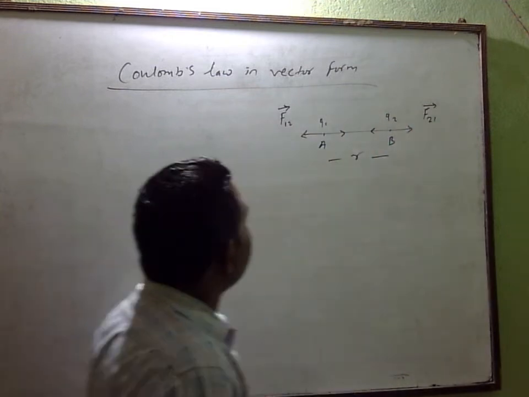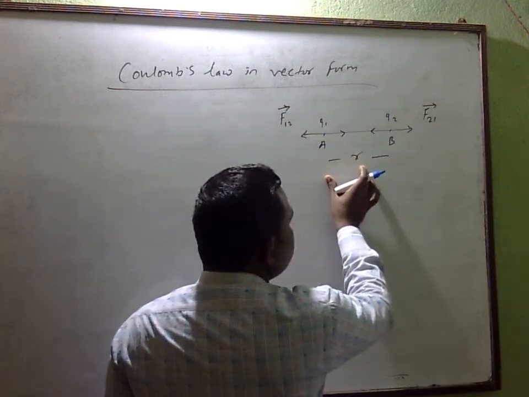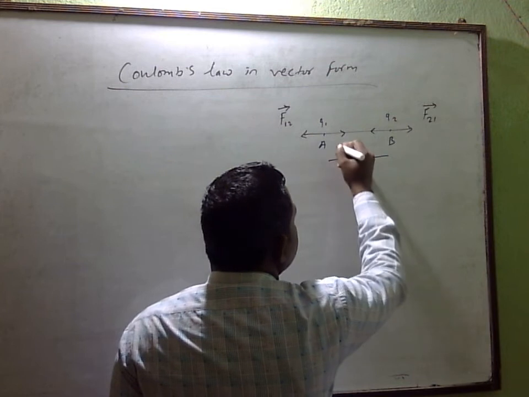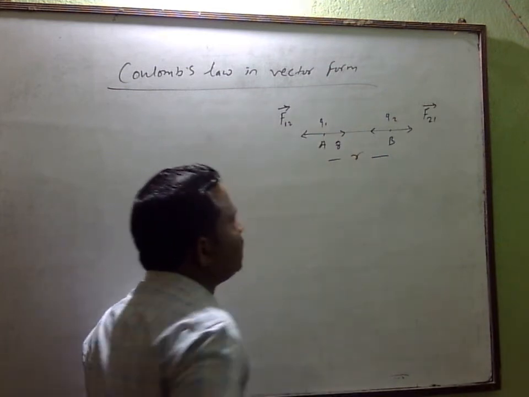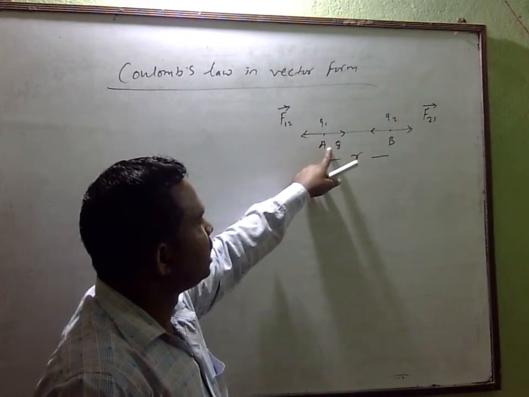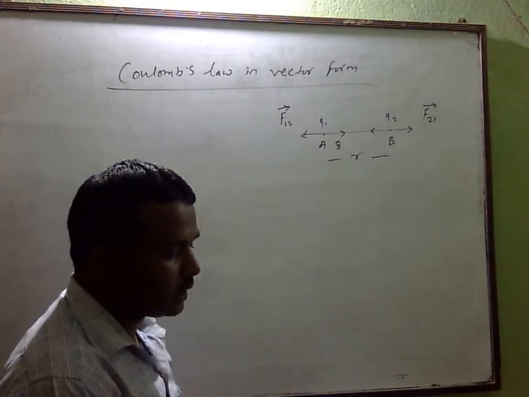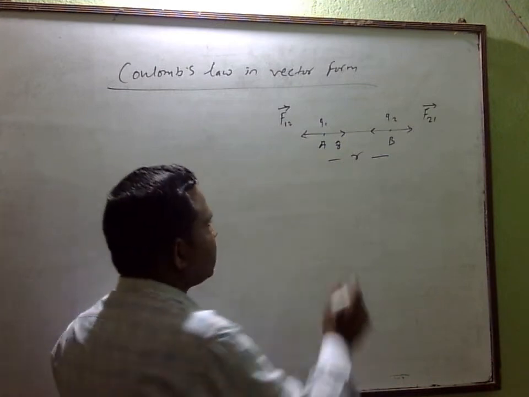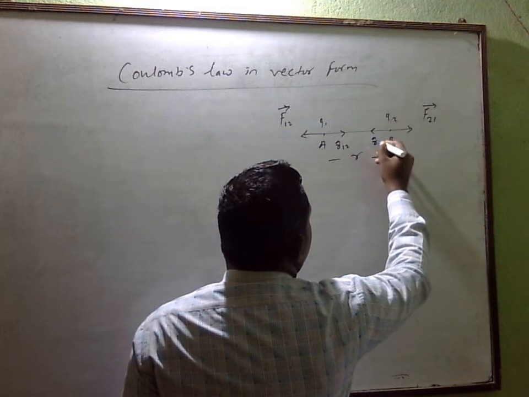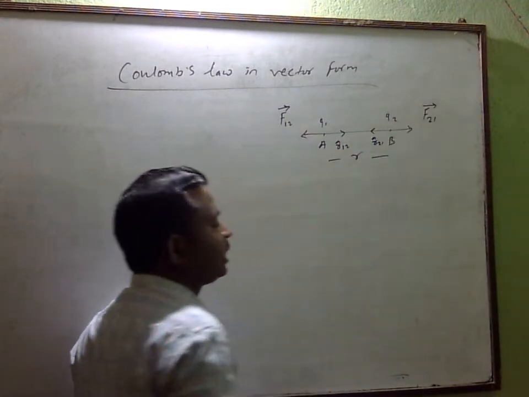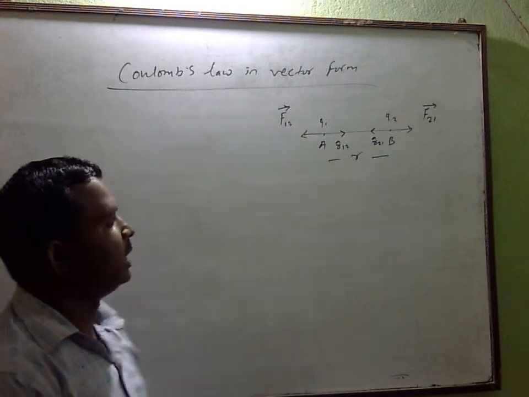Like that we can also write their unit vectors. Suppose r is the distance, so cap of r we can write. You see that here is Q1, and the direction is towards Q2. So you can write cap of r12 and here will also be cap of r21. Is it correct? Very good. So these are the directions that we can represent.